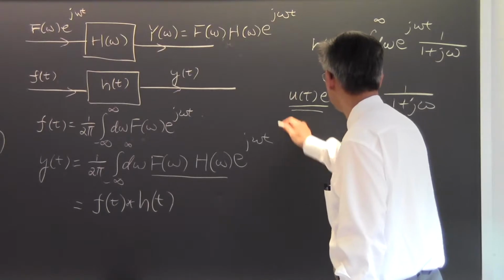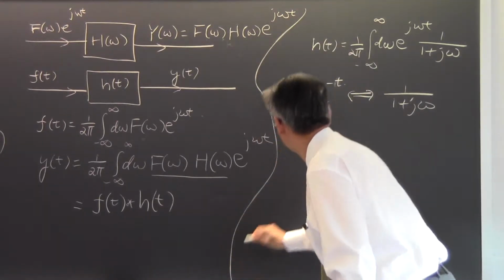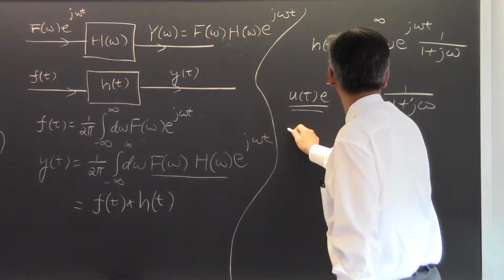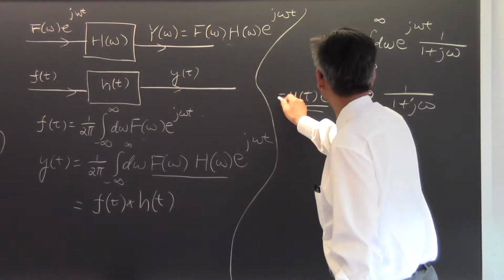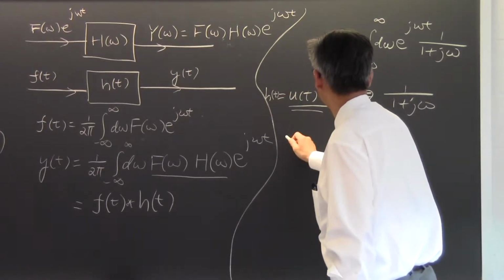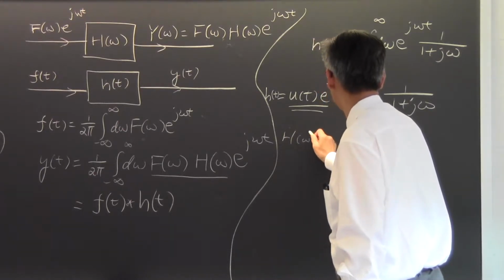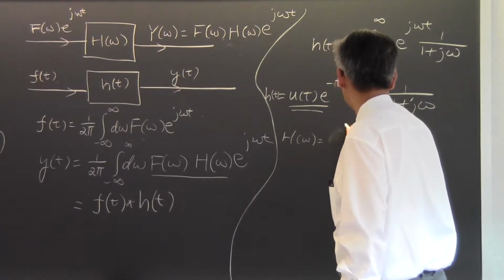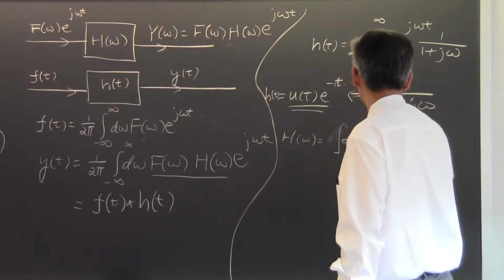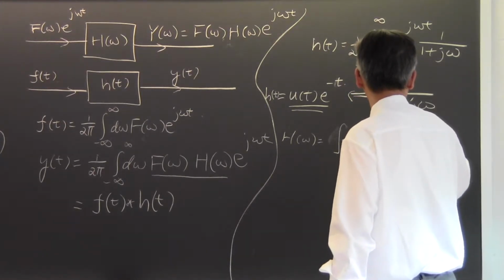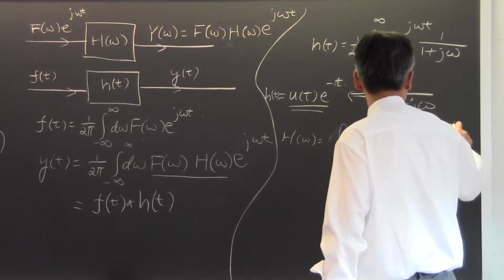To Fourier transform this quantity, just perform this integral. This is h of t is equal to that. And then if you Fourier transform it, h of omega is the integral dt u of t e to the minus t e to the minus j omega t.